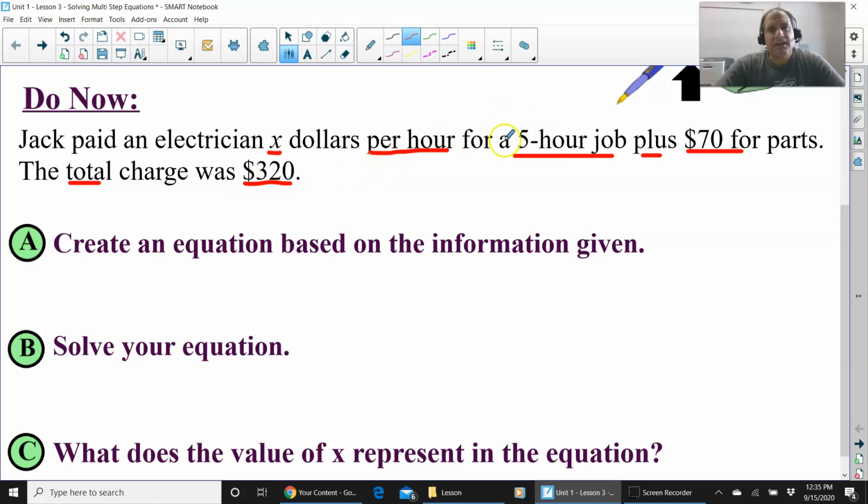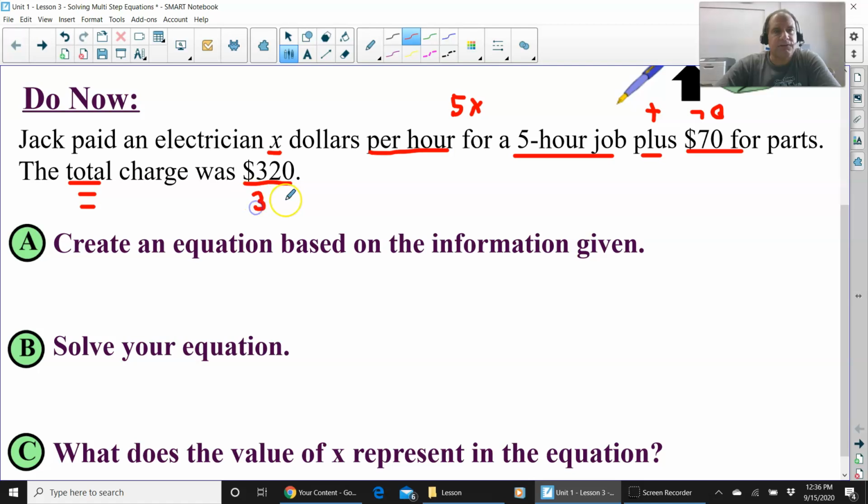So I'm going to say, all right, if he's paying the electrician X dollars per hour for 5 hours, that is 5 times X. This plus, pretty easy. Plus what? Plus 70. And always the total is equals, and then 320.